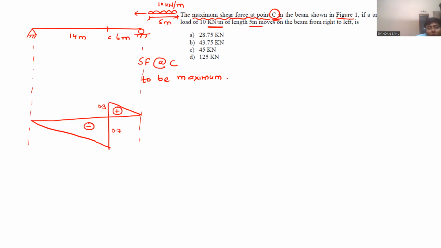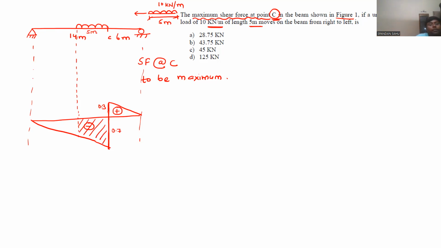I see this ordinate 0.7 is more as compared to the other ordinate. So if we place the tail of this UDL at C such that it occupies 5 meter to the left of C, then we will get the maximum shear force. Let it be negative, but magnitude-wise it will be maximum.